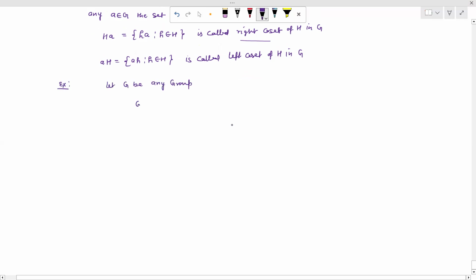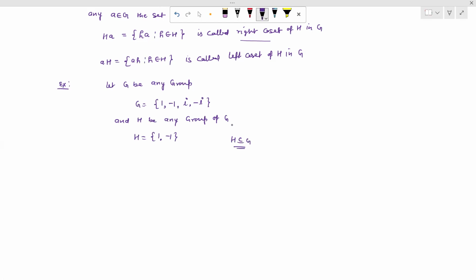G contains the elements 1, minus 1, iota and minus iota, so G follows the properties of a group. And let H be any subgroup of G. We consider H as 1 and minus 1, two elements. H is a subset of G and H is itself a group, because H also satisfies all the properties of a group. So H is a subgroup of G.